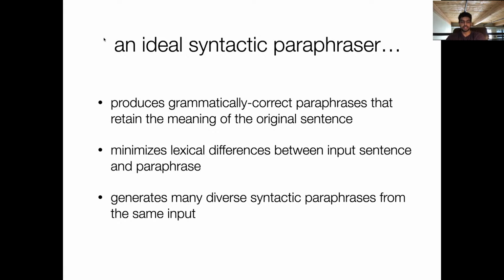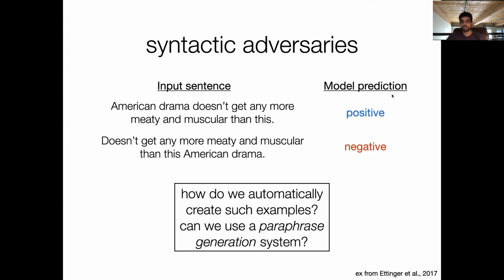We obviously want them to be grammatically correct and fluent in whatever the language of the input sentence is, right? And not only should they be fluent, but they should also be retaining the semantic meaning of the original input sentence. So if they're producing something that completely diverges from the meaning of the original sentence, then it's no longer a paraphrase, and we can't really call it an adversarial example because we're not going to be able to preserve the label associated with that sentence, right?